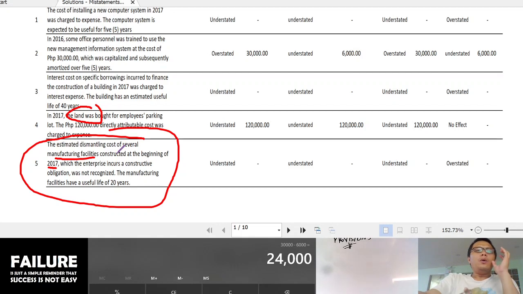So, basically, if you may notice the error, the company constructed a manufacturing facility which the entity incurs a constructive obligation that at the end of its useful life for 20 years, it should be dismantled. Siguro, although not stated, when we talk about constructive obligation kasi, is that this is an obligation which you have accepted the responsibility, okay?